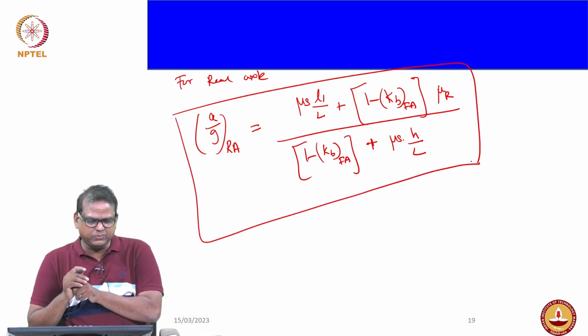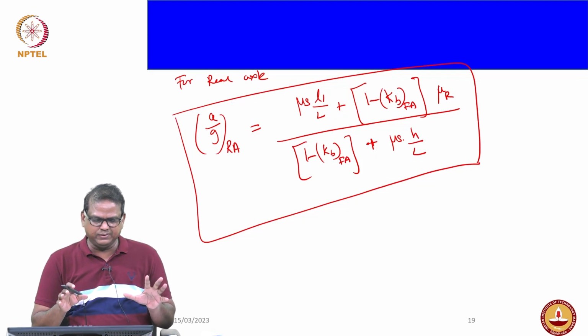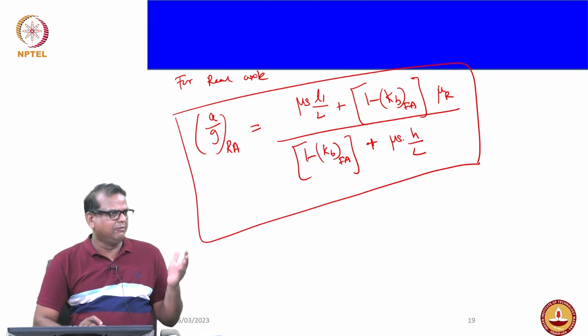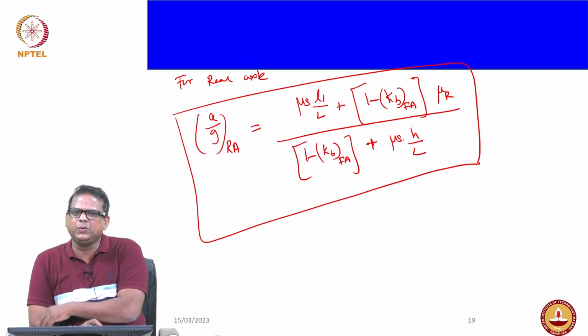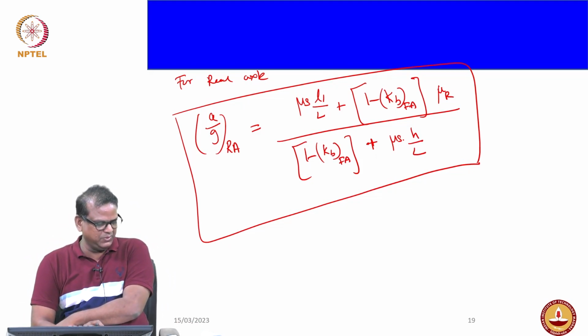Now I got the deceleration rate for both the front axle as well as the rear axle. Then how do I know which will lock first? When do you expect which will lock first? When will you know?